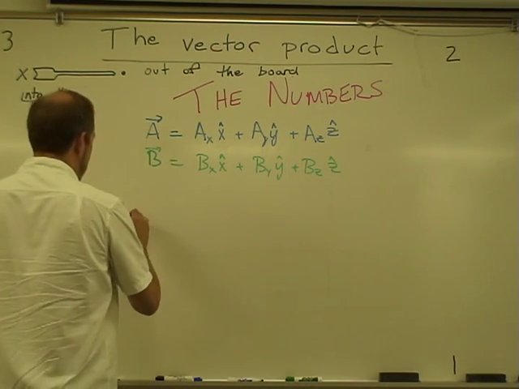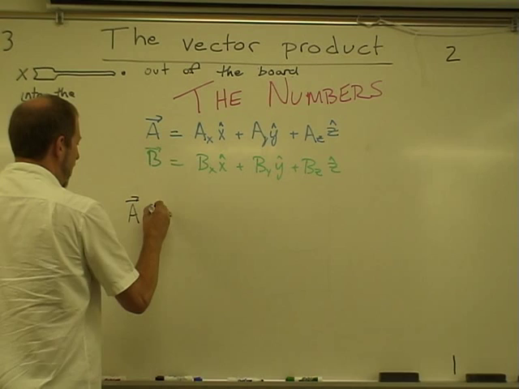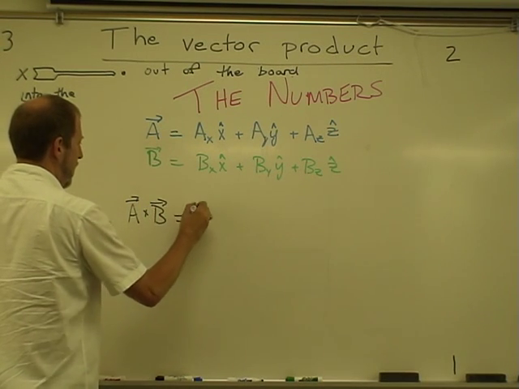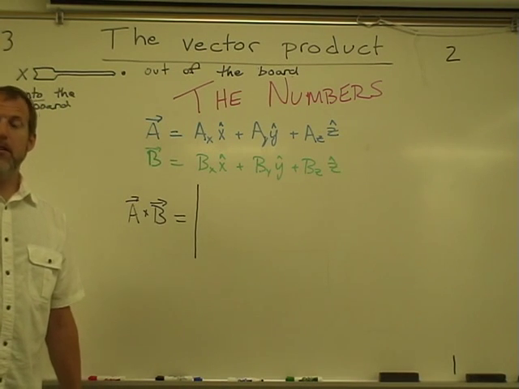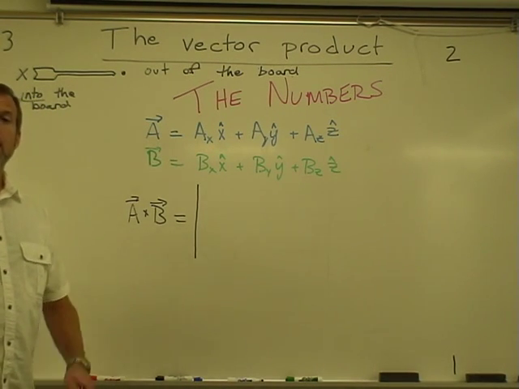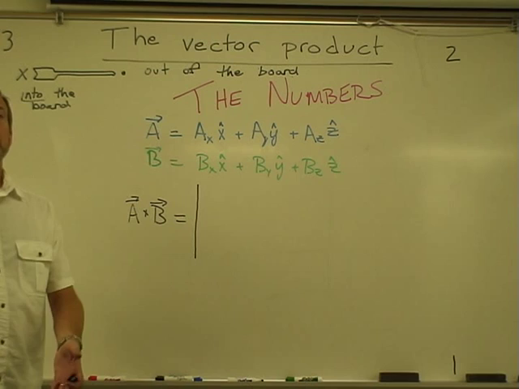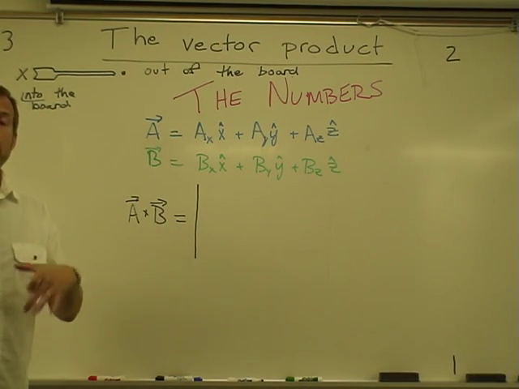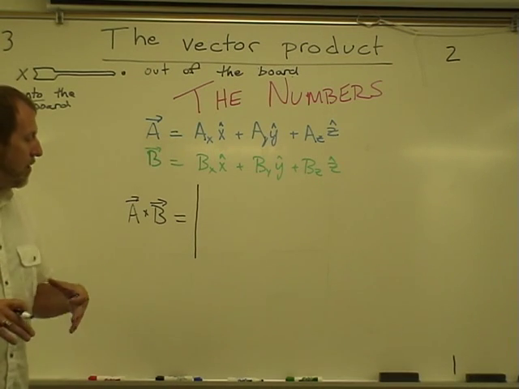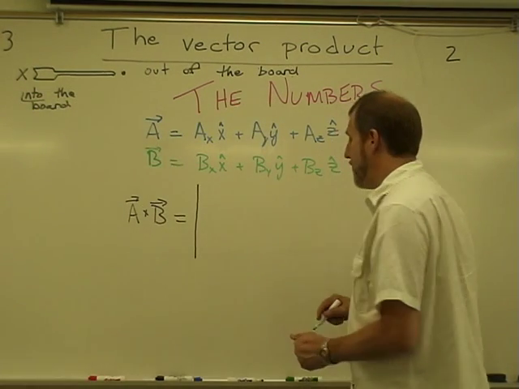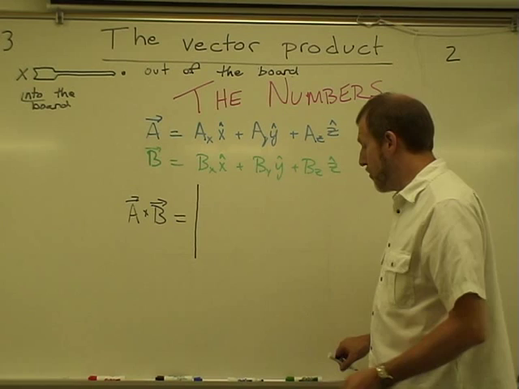You can find the vector A cross B by setting this up as a matrix. And if you haven't worked with matrices, don't worry about it. I'm doing this to show you where the final answer comes from, not to make you have to do this over and over yourself.